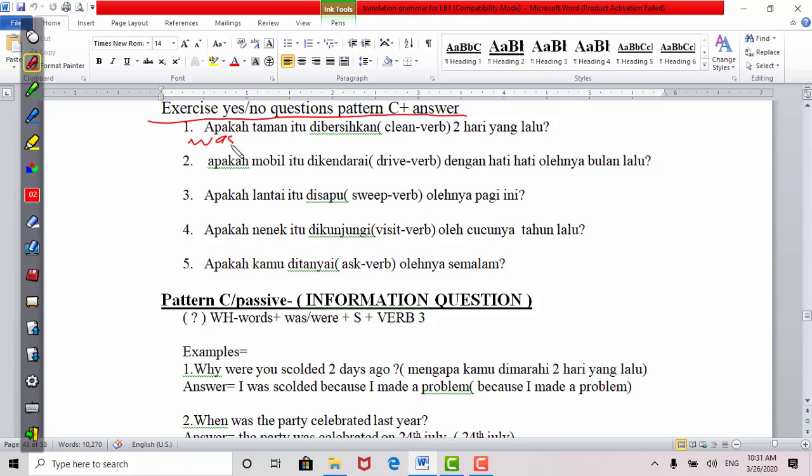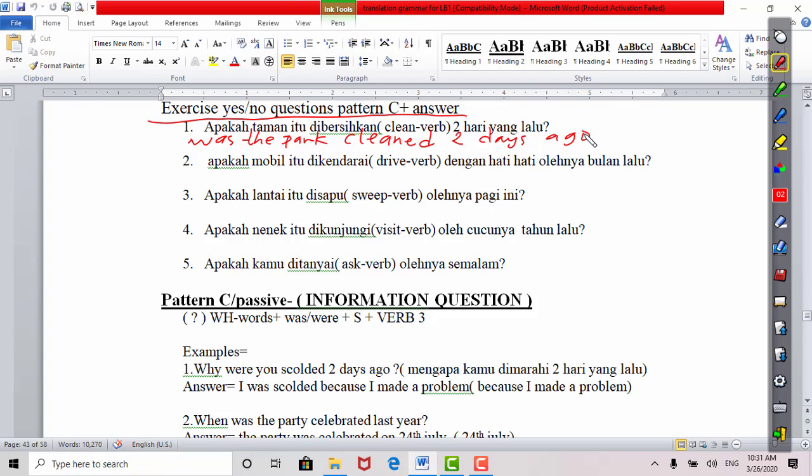Was the park cleaned 2 days ago? You have to use verb 3. Question mark.